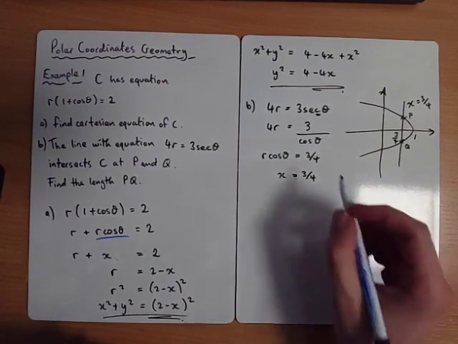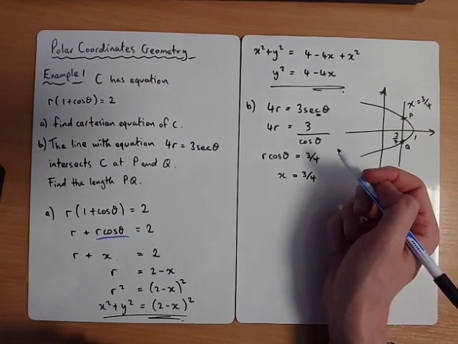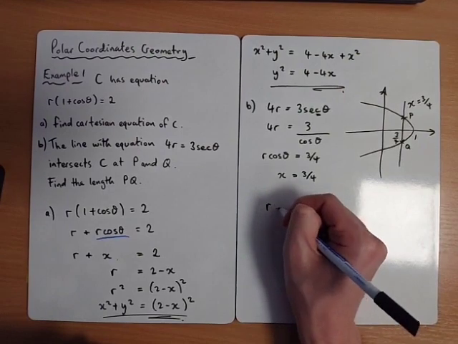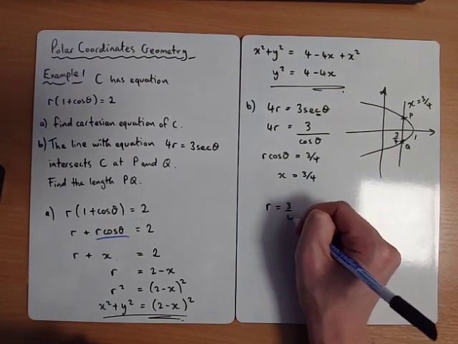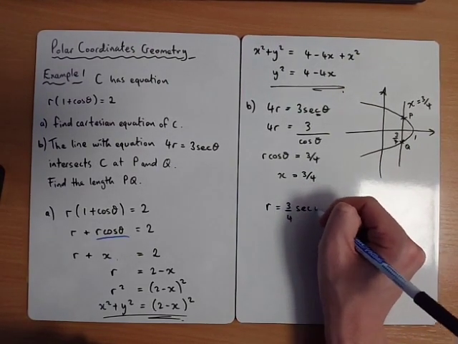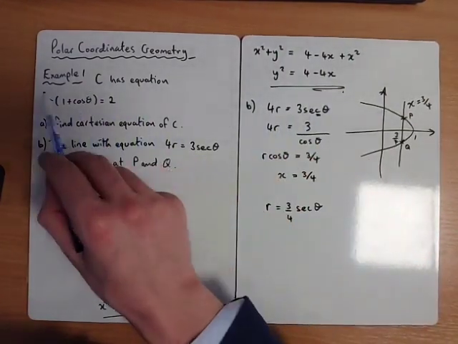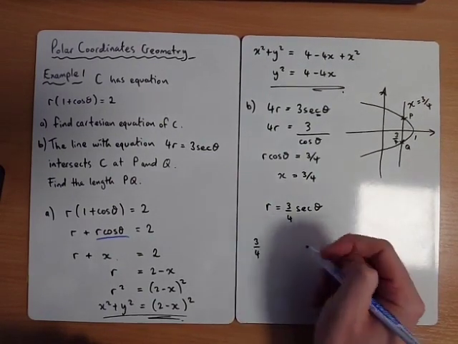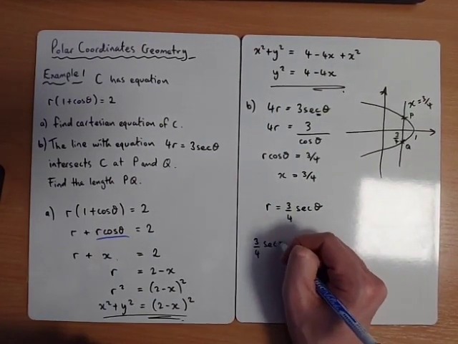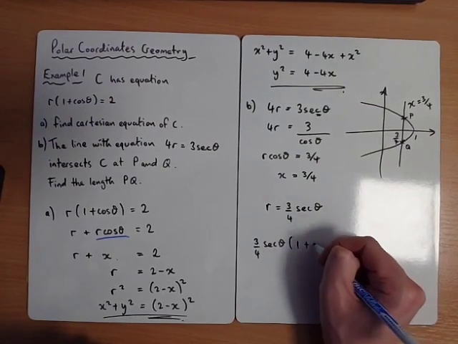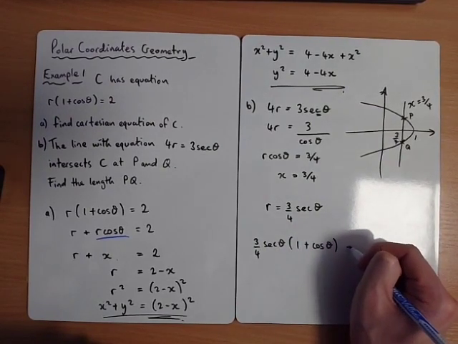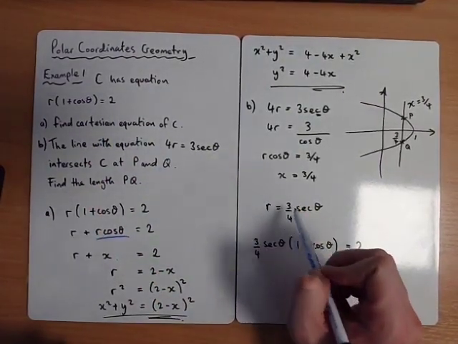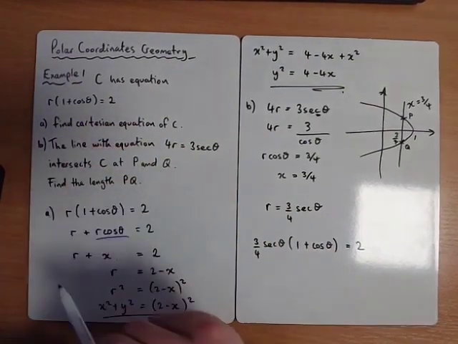If we were going to go down the polar route, you could say r would equal 3 over 4 sec theta. And when this intersects this, we'd get 3 over 4 sec theta, 1 plus cos theta, would equal 2. So if we're going to do the intersection in the polar world, we think about when this polar intersects this polar.